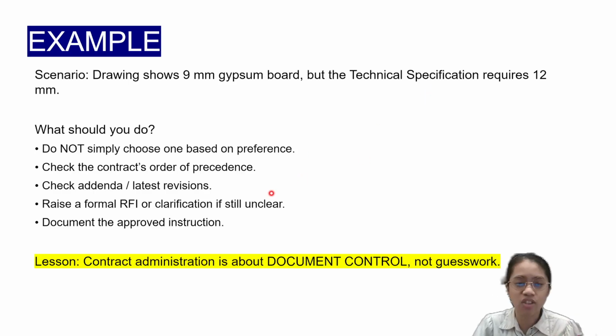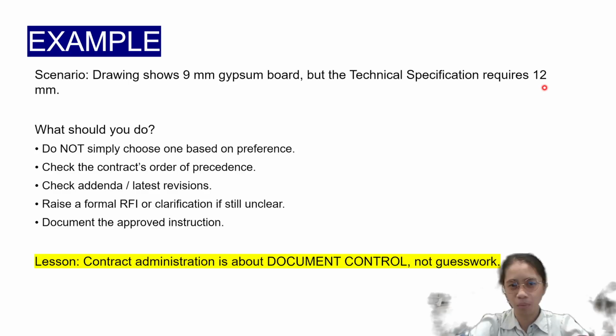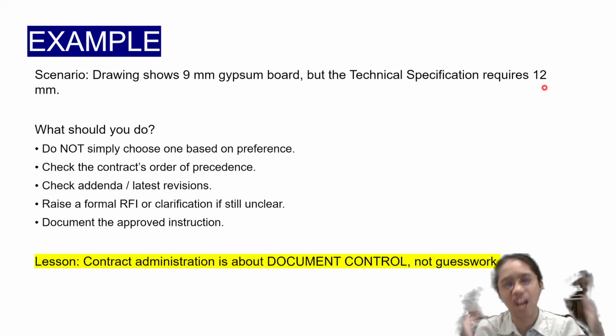But you should follow the other steps to check what should be the final decision as you do the construction of the gypsum. Imagine, class, you will order 9 mm or 12 mm. This matters because a ceiling work covers a big area.